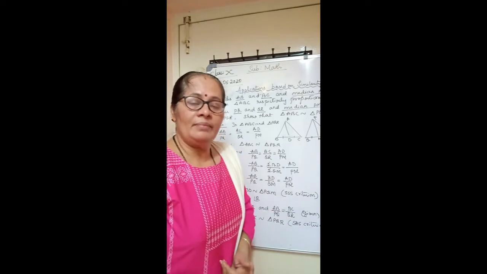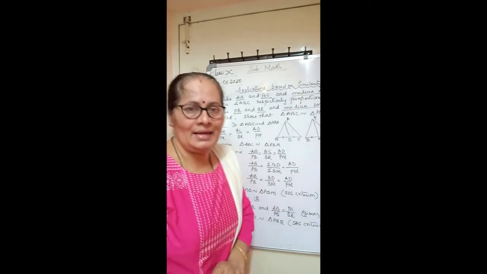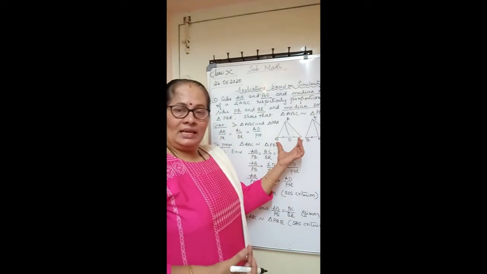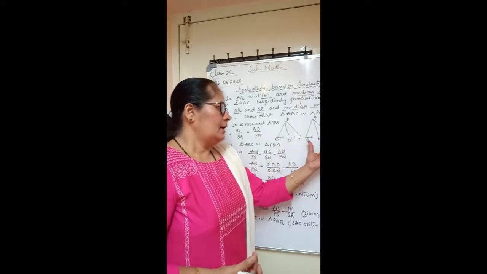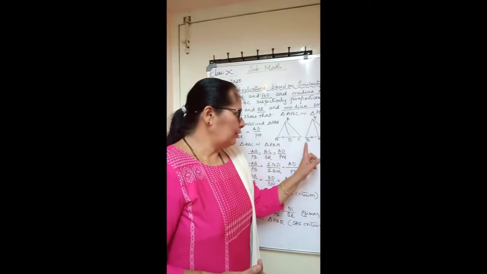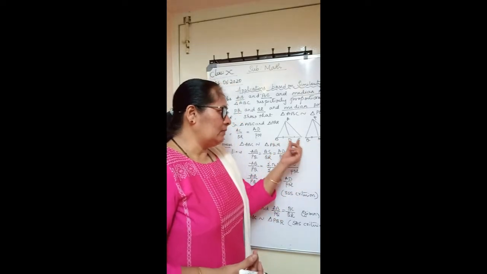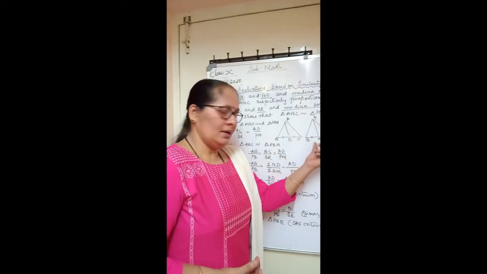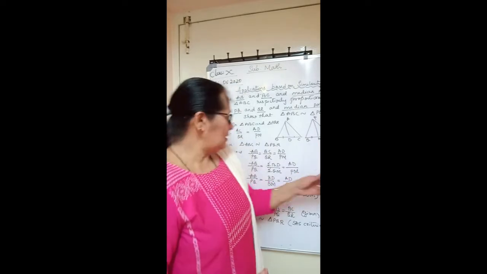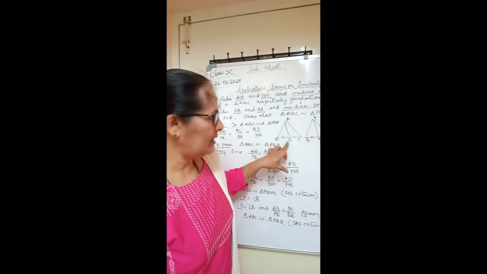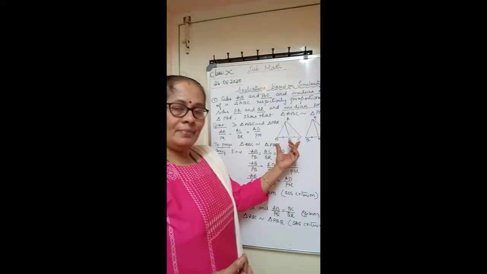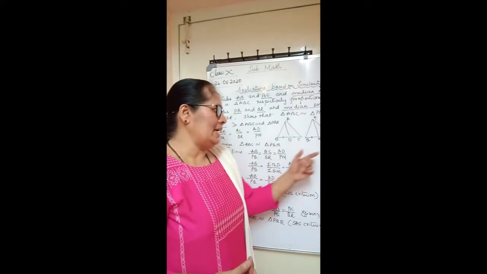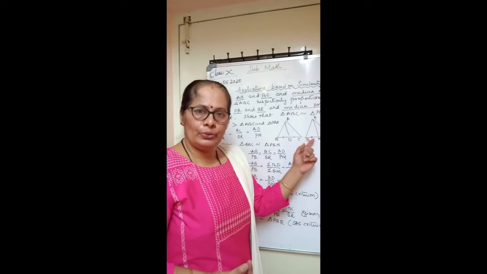You know that a median bisects the side, so BC equals 2BD and QR equals 2QM. Why? Because BD equals CD and QM equals MR, since AD and PM are the medians. Therefore, you can write BC as 2BD and QR as 2QM.